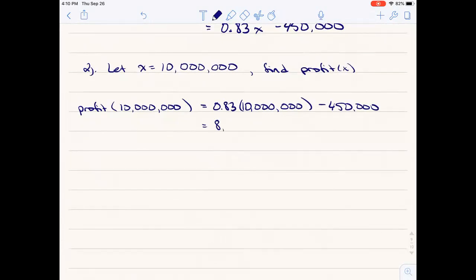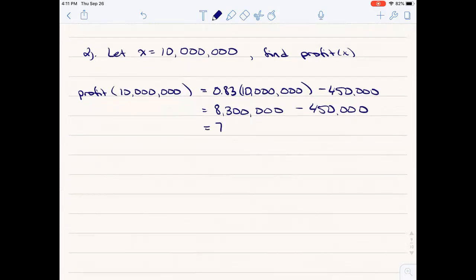This is going to be 8,300,000 minus 450,000, which is 7,850,000. Hey, that's pretty good profit. You also had to sell 10 million cans of beer, but look at the profit.